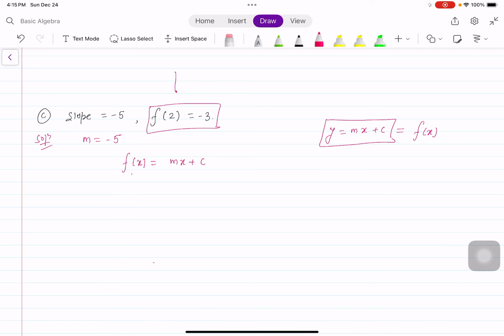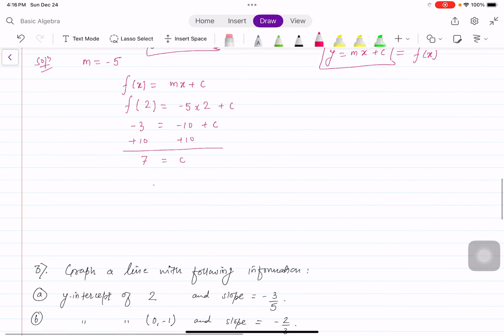So let's find f of 2 from here. F of 2 equals -5 times x, which is 2 here, plus c. But f of 2 from the given is -3, equals -10 plus c. So we add 10 on both sides, and we get the value of c to be 7.